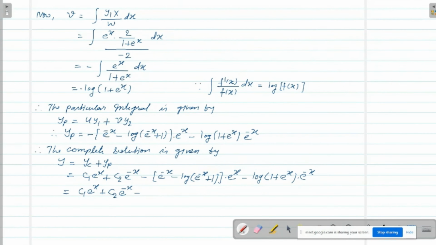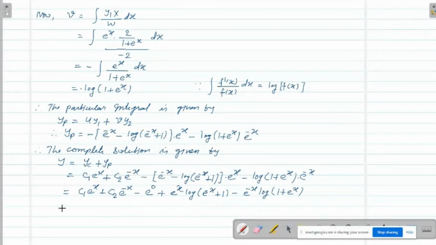The minus minus goes plus. So e raised to x log of e raised to minus x plus 1, plus 1, and minus e raised to minus x log of 1 plus e raised to x.